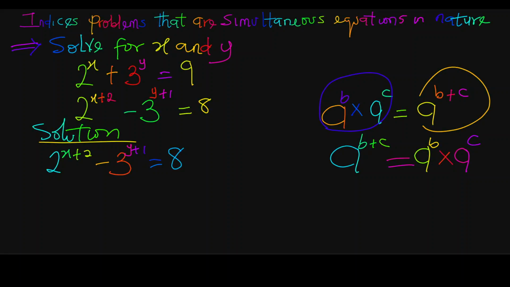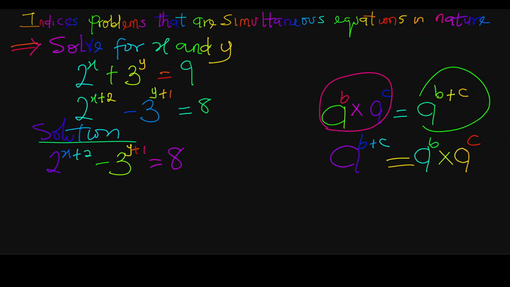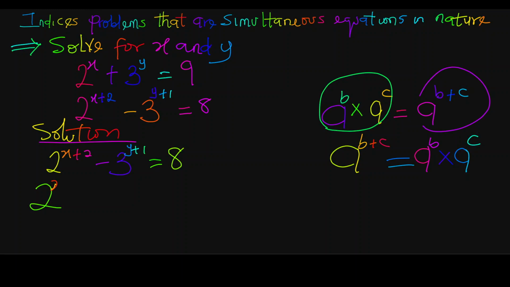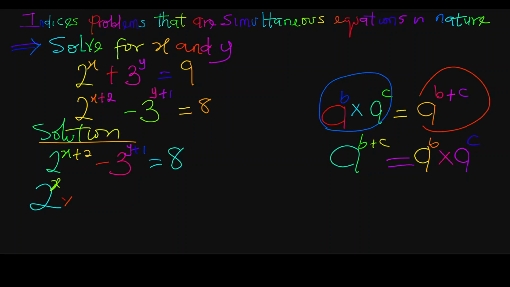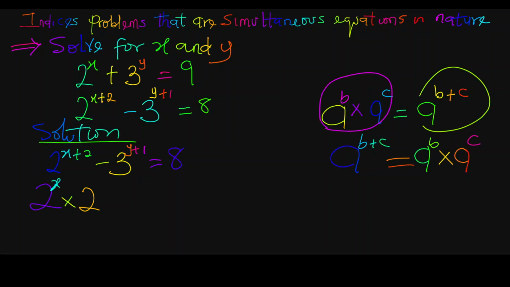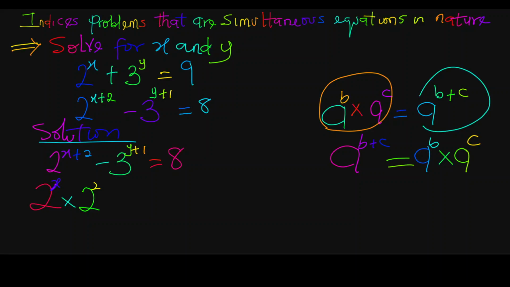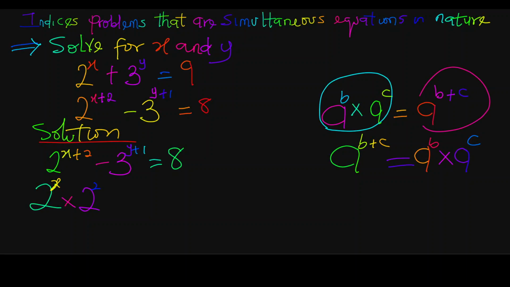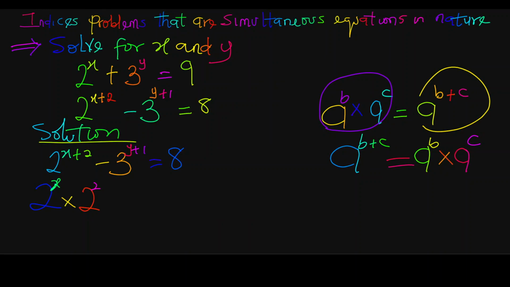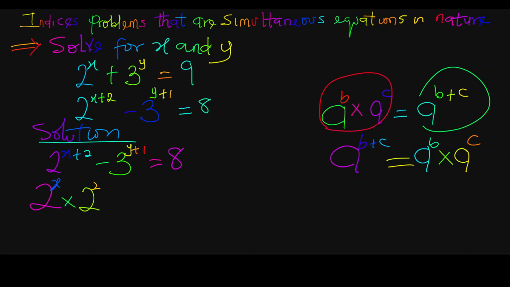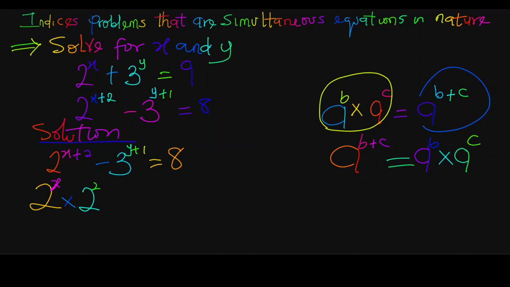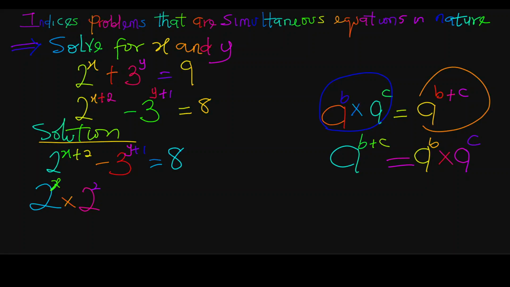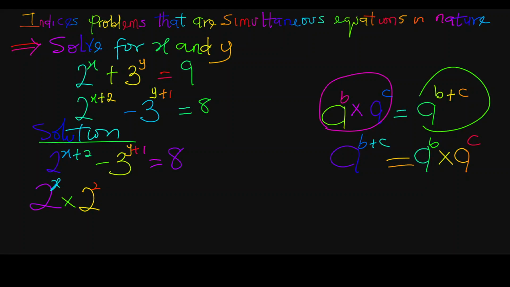And that's what we have here. We are given 2 raised to the power of x plus 2, which I can split into 2 raised to the power of x multiplied by 2 raised to the power of 2. Of course, when I apply the law of indices, it becomes 2 raised to the power of x plus 2. I'll do the same thing to 3 raised to the power of y plus 1.